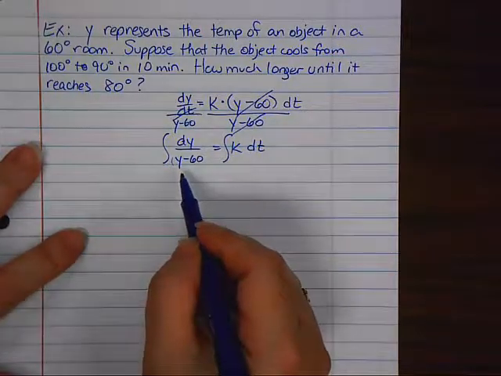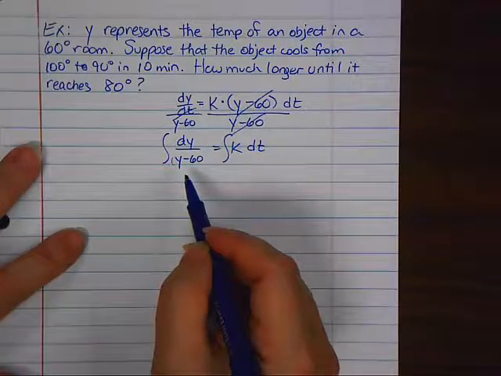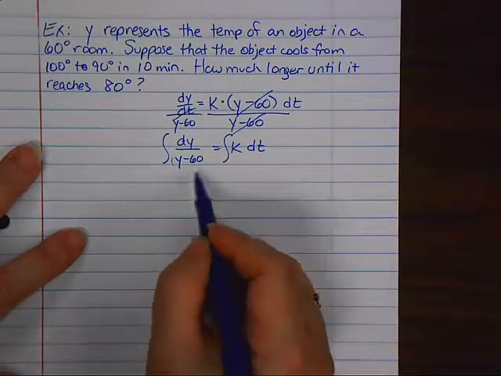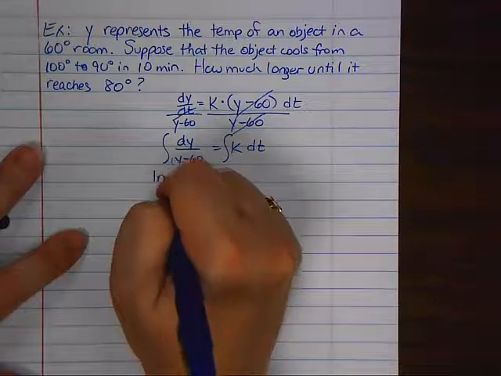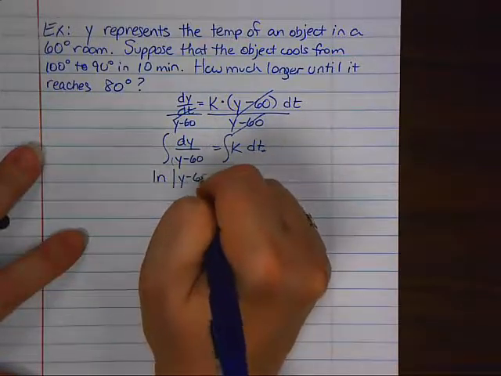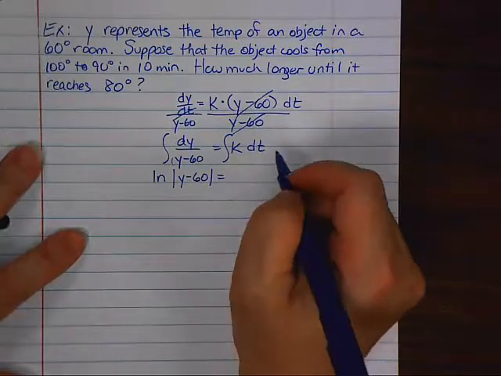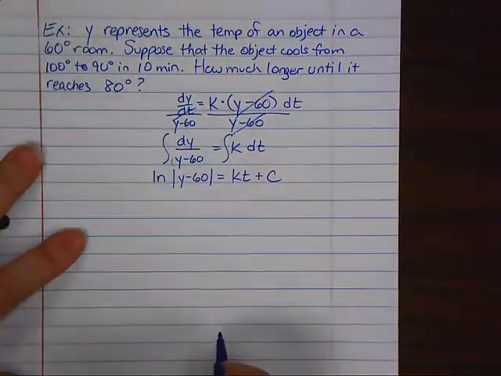What is the derivative of a y? If you don't have to worry about a dy, it's just 1, right? If it's just a 1, you're good to go. So we're going to say ln absolute value of y minus 60 equals, what's the right side going to say? kt plus c. Same as last time.